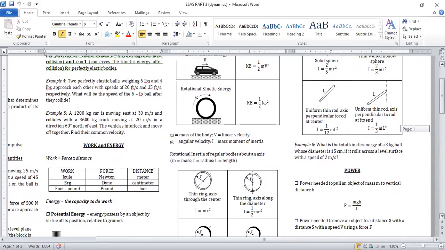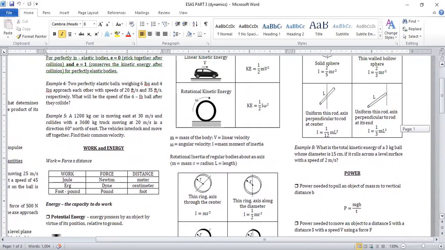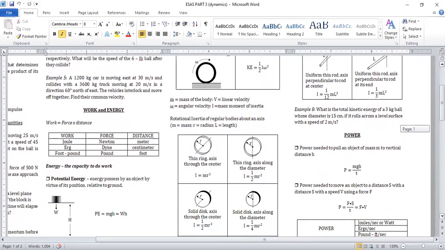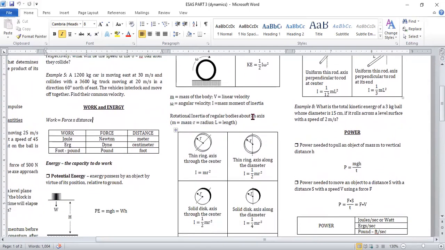Here we have the common regular bodies, with the formula for the angular velocity and also the mass moment of inertia.